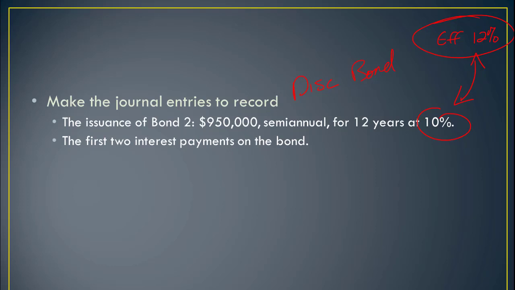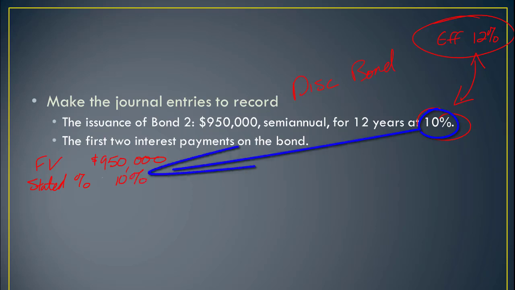We need to start out by calculating the present value of this bond so we know how much cash we're really going to get and how much we're going to get hit by this. So let's set this up again. Our face value is $950,000. Our stated rate is 10%.